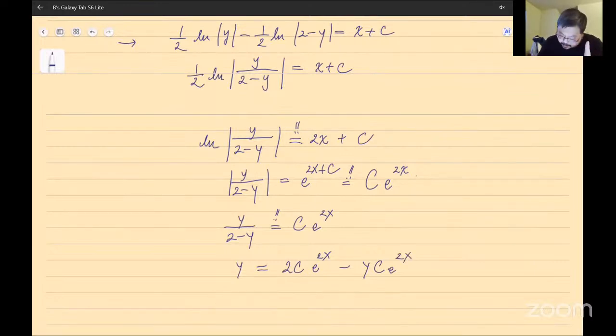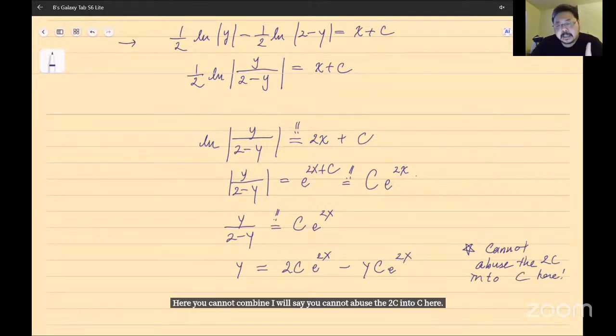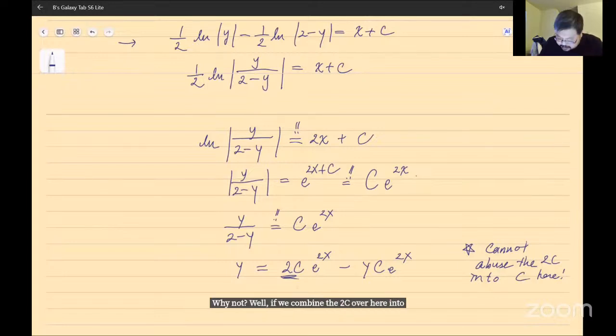Now, this is an important point. I'm going to make a start over here. You cannot abuse the 2c into c here. Why not? Well, if we combine the 2c over here into 1c, that means this coefficient is now equal to this coefficient.